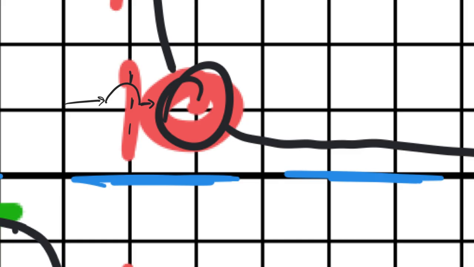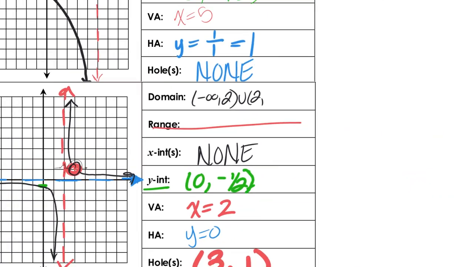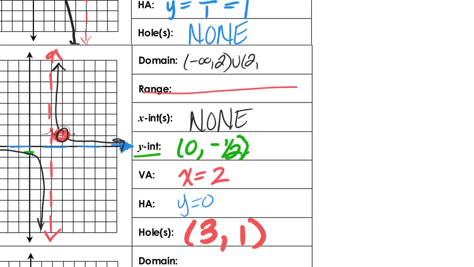And then all of a sudden we hit this hole. We have to jump over the hole and then keep going. So the hole happened when x was 3. So we're going to jump over the 3 and keep going forever.